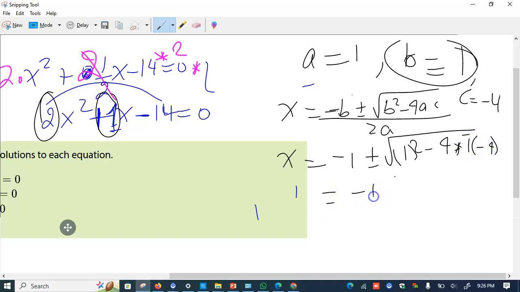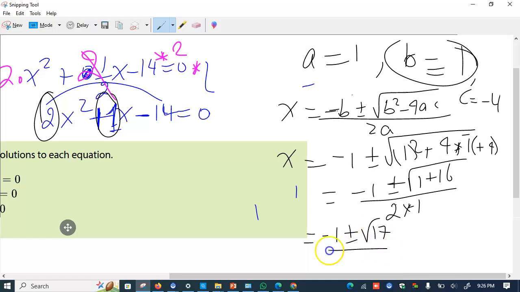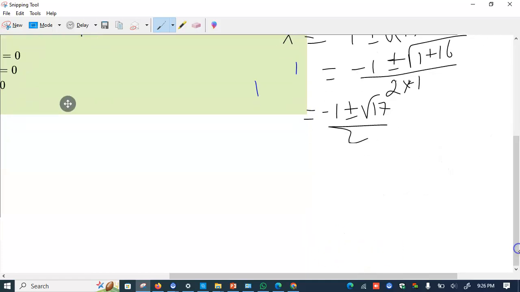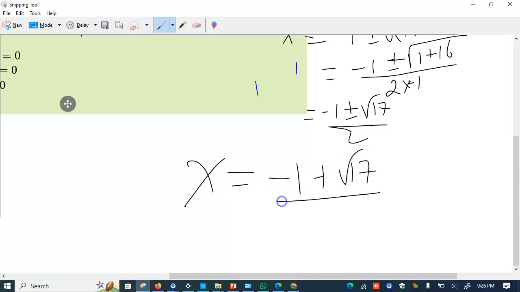And you get minus 1 plus or minus the square root of 1, plus, since 2 negatives make a positive, 56, divided by 2A. So that becomes minus 1 plus or minus the square root of 17 over 2. And so you have two answers for x. X is minus 1 plus square root of 17 divided by 2, and the other one is minus 1 minus square root of 17 divided by 2.